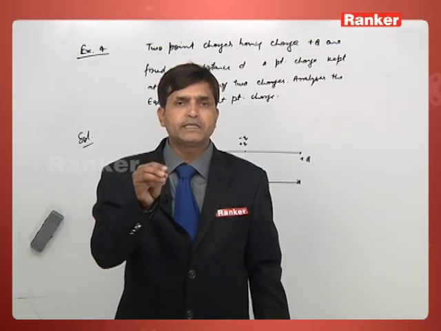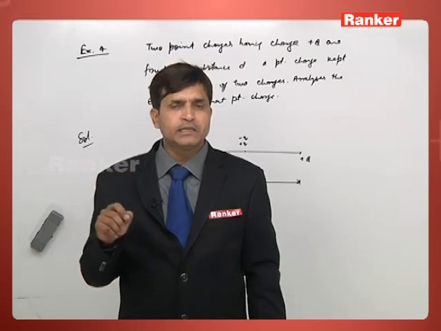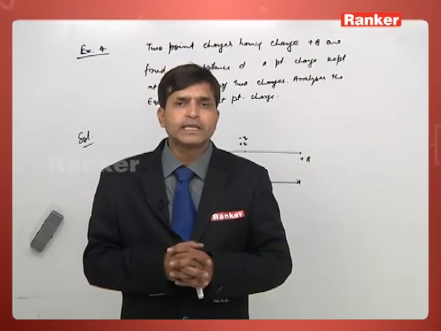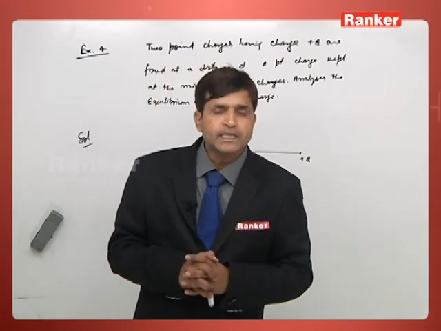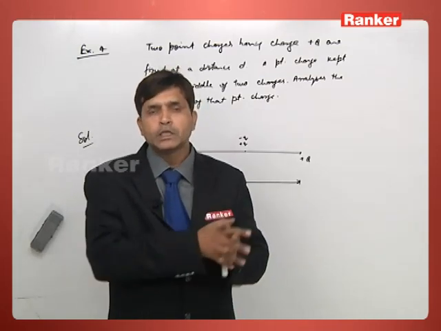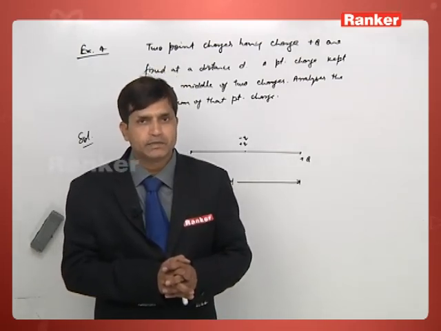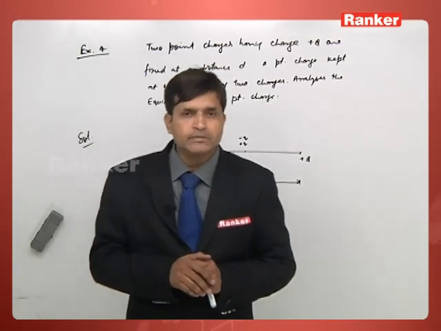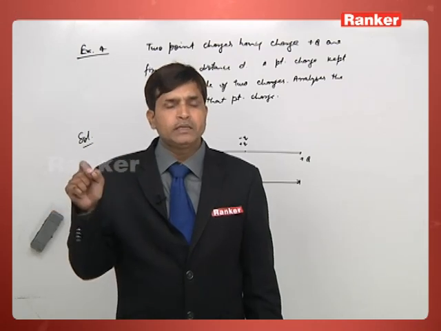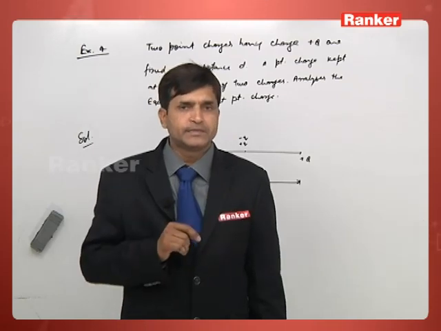If we displace that body from that position, and at the displaced position the forces acting on the body are opposite to the direction of displacement, the force will try to bring the body back to the equilibrium position. Such equilibrium is called stable equilibrium.